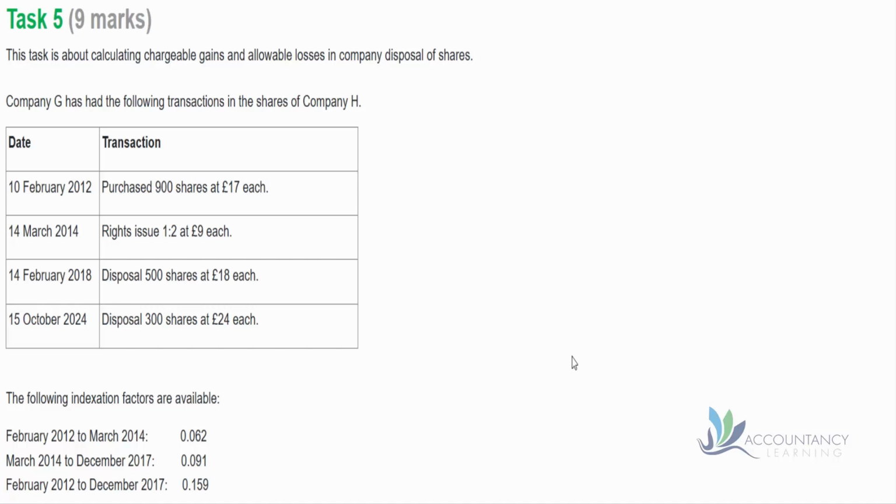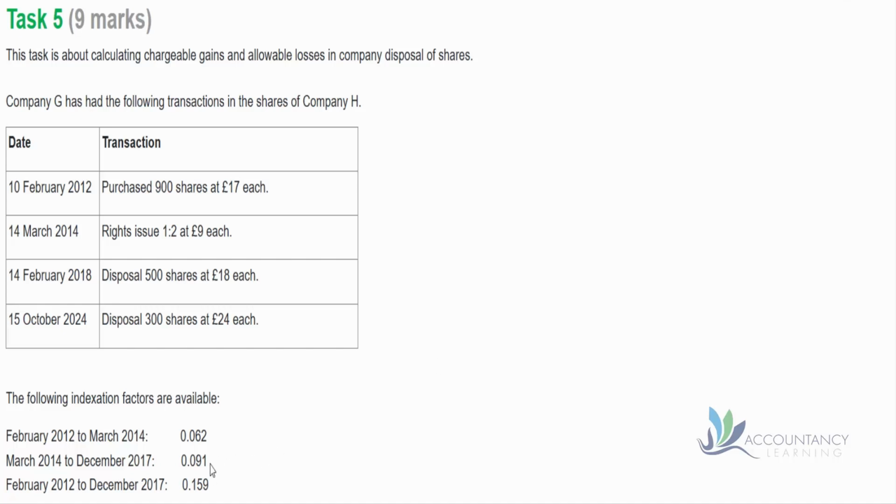Well, because we need to remember that indexation, inflation, is cumulative. So if prices go up this year and they go up next year as well, there's a combined approach. So what we need to do is multiply these factors together. So if you take 1.062 and multiply that by 1.091, that will give us 1.159.